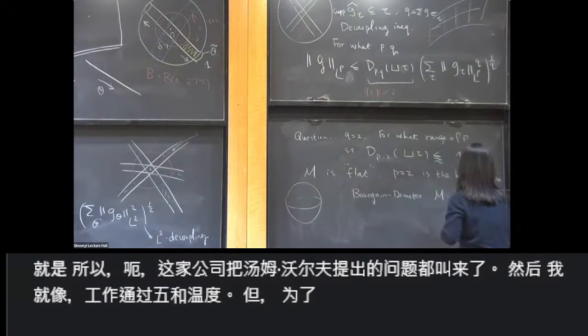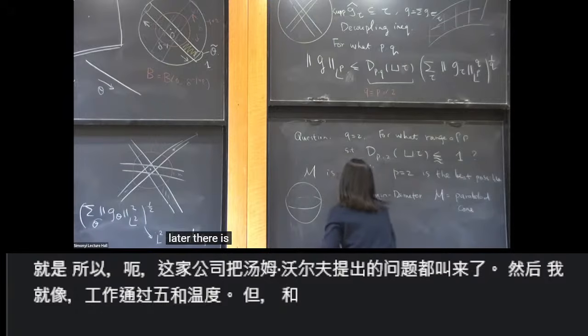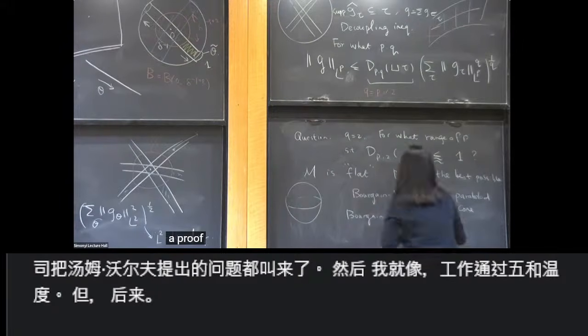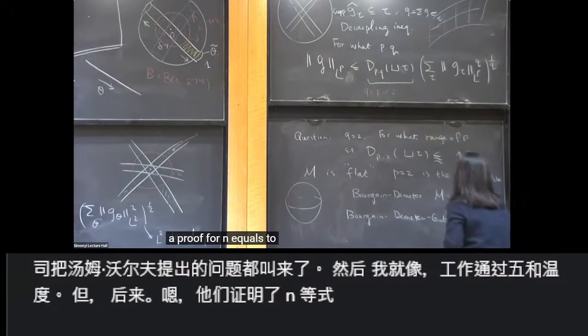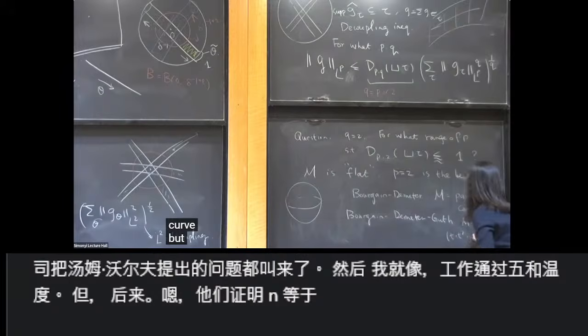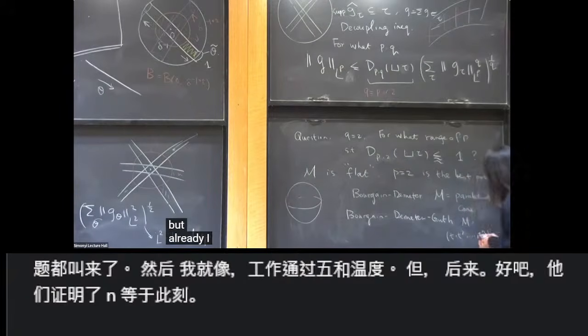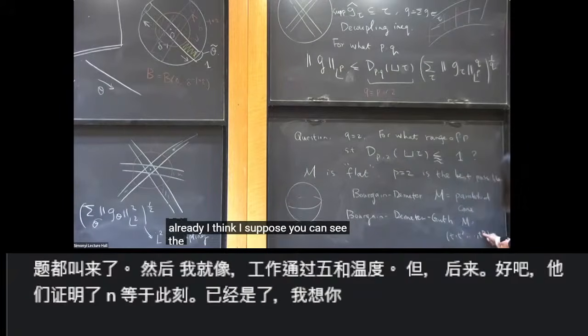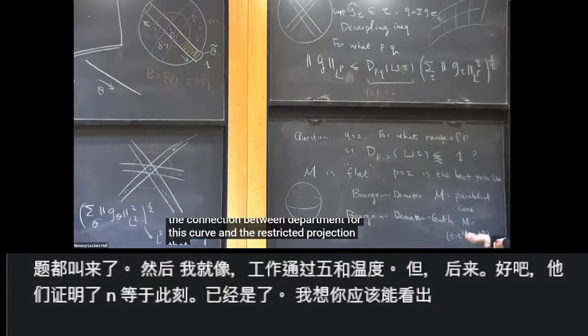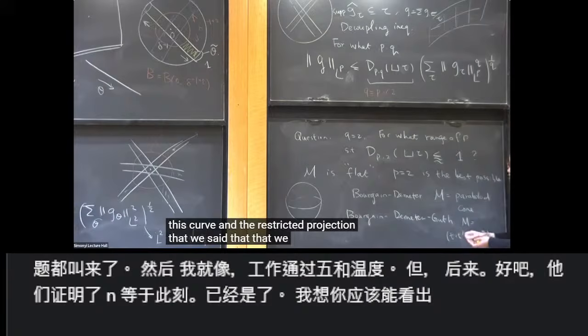And later there is work of Bourgain, Demeter, and Guth, where they proved it for M equal to this moment curve. Already, I suppose you can see the connection between decoupling for this curve and the restricted projection that we care about at the beginning.